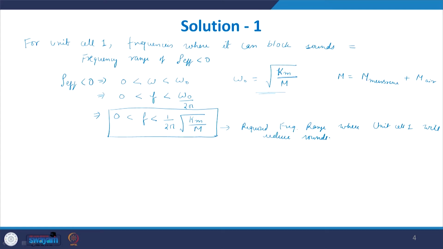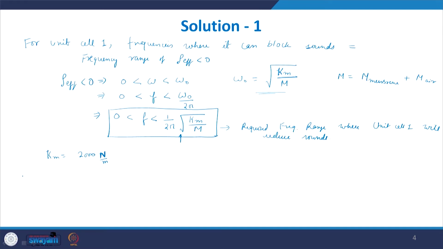Let us find out this value. Km is given to us as 2000 newtons per meter, and let us find out what capital M is. Let us first find out the mass of the membrane and the mass of the air.